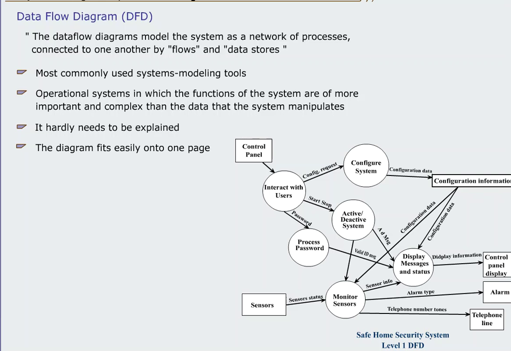The diagram fits easily onto one page. This means two things. Number one, someone can look at the diagram without being overwhelmed, and number two, the system that is being modeled by the diagram is not very complex. The diagram has been drawn by a computer.